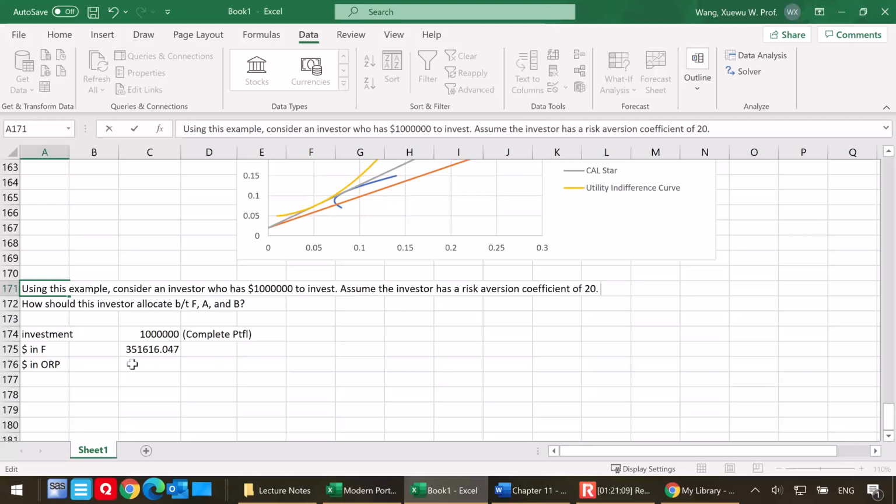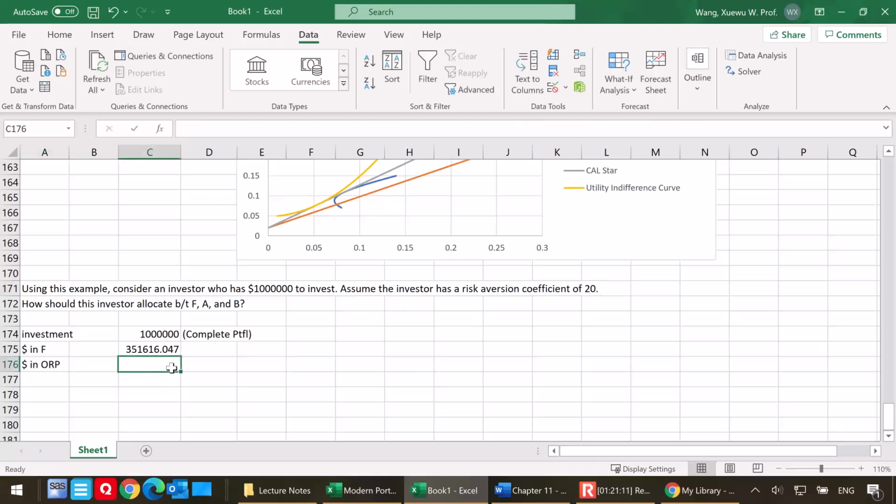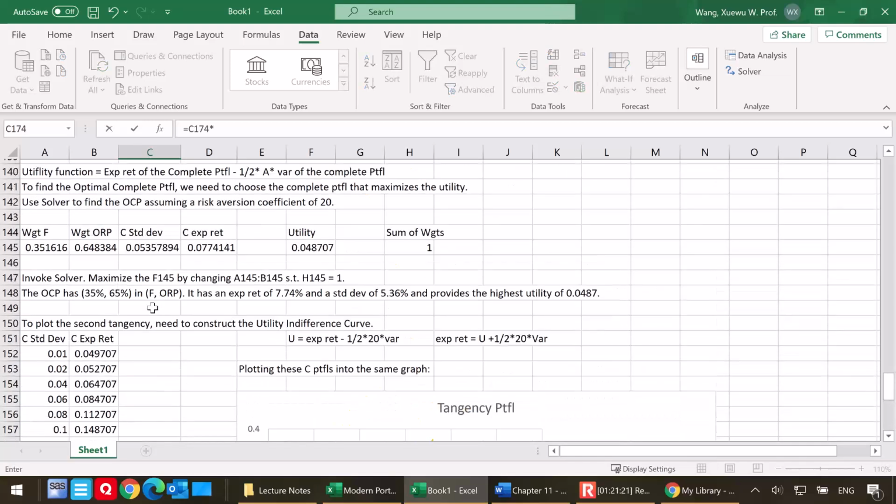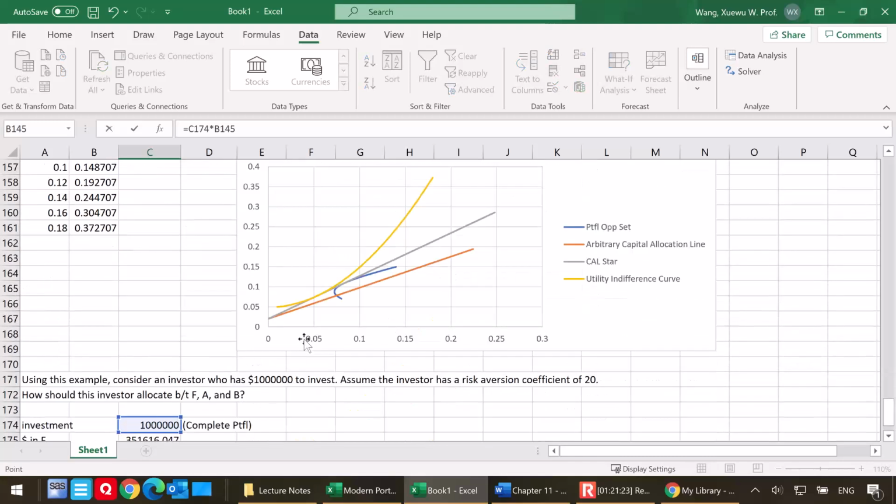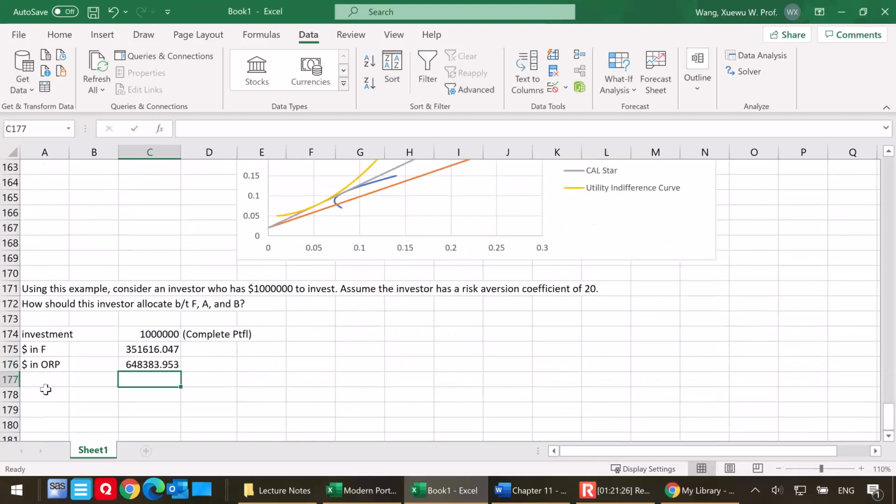You can verify this. You just need to go through the calculation again and find the answer. All right, so the optimal risky portfolio should have the weight of 65%. Okay, now this is risk-free and this is the optimal risky portfolio.